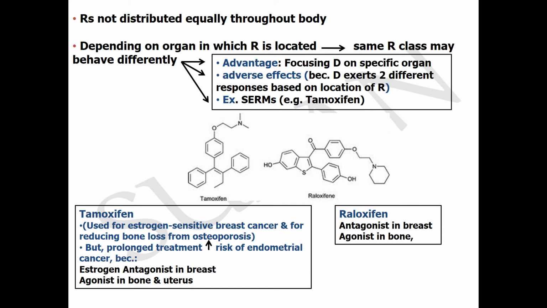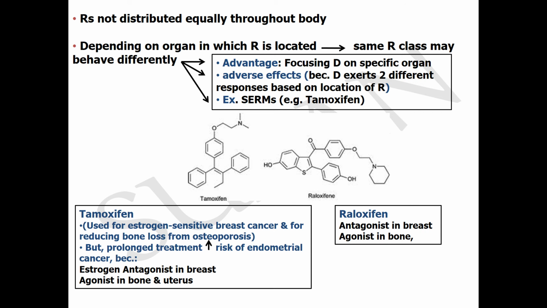This can be advantageous, whereby focusing the drug on a specific organ. However, this can also cause adverse or side effects because the drug can exert two different responses based on the location of the receptor. For example, selective estrogen receptor modulators, SERMs, and the most common example is tamoxifen.